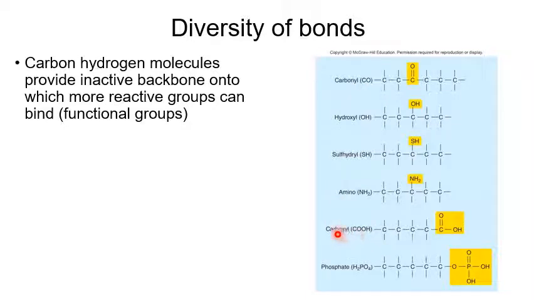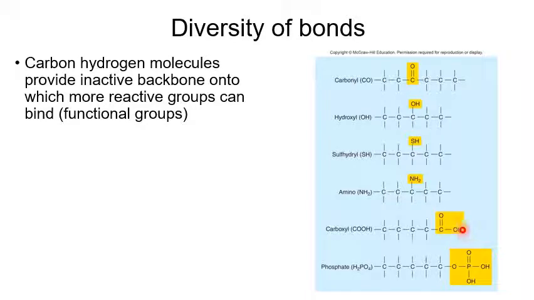Carboxyl, carbon double bonded to oxygen and a hydroxyl group. This carboxyl group makes organic acids. Organic acids have this functional group because this hydrogen can get released. The definition of an acid is that it can release protons.